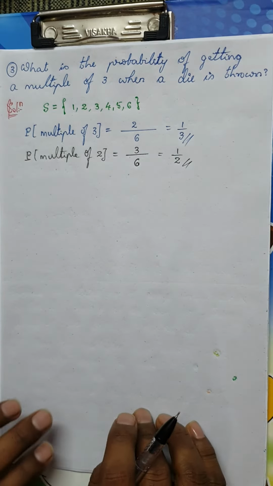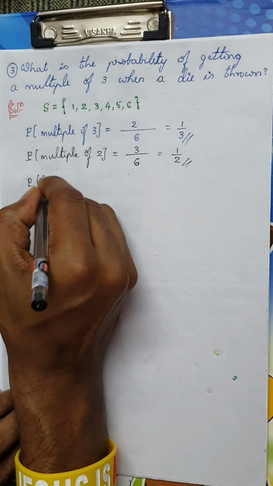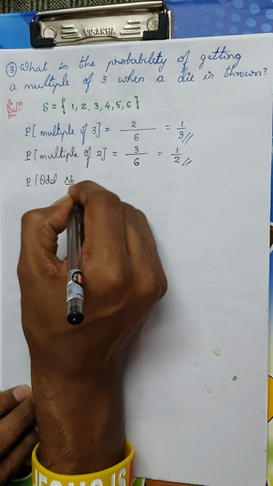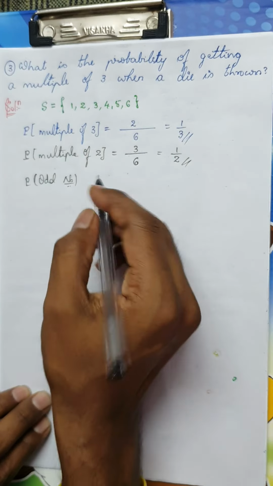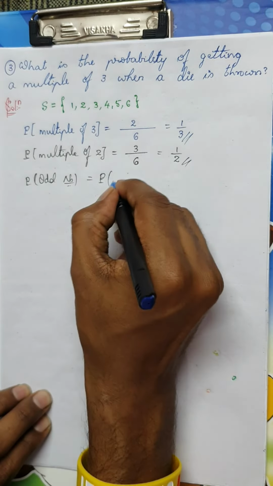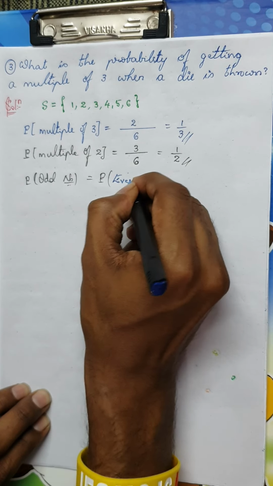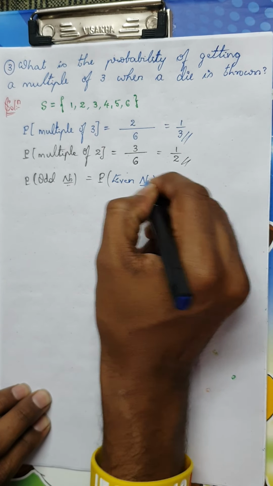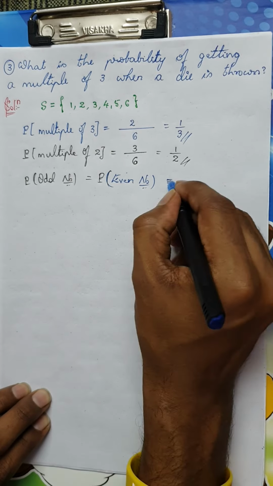Also note down that the probability of getting an odd number while throwing a die is the same as the probability of getting an even number, and that is 1 by 2.